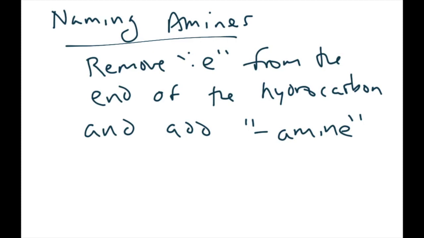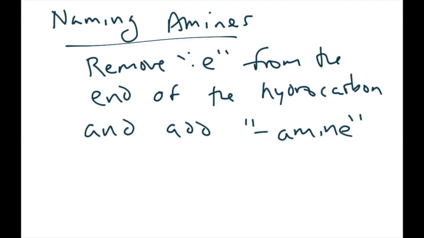So after you have the suffix, all the things that we did when we named alcohols in terms of how you number and whatnot, that is going to stay the same for amine. So you want the amine suffix to have the lowest possible number, is really the important one.